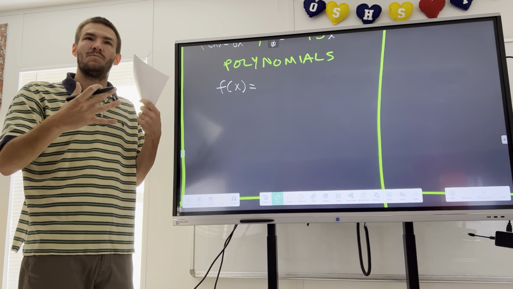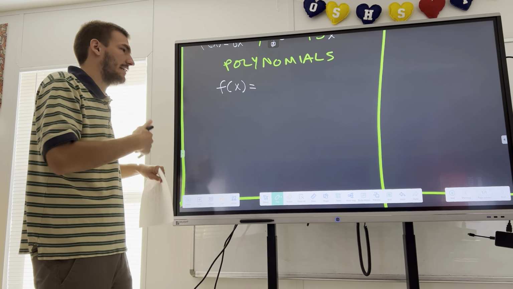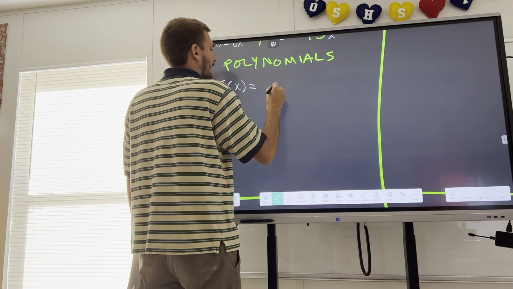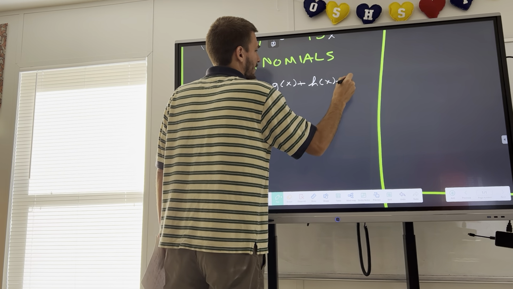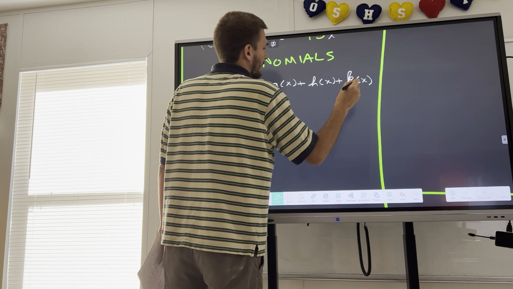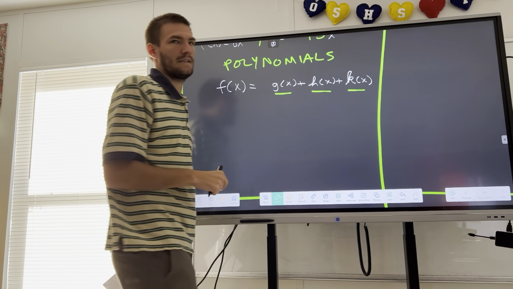If you're nervous about what a polynomial means, it's just a bunch of things in a row. Poly meaning many. So I'll write that like g of x plus h of x plus k of x, right? It's just like thing plus thing plus thing.